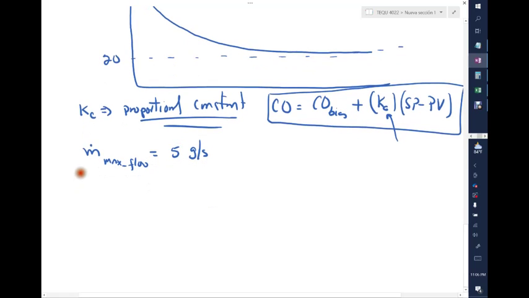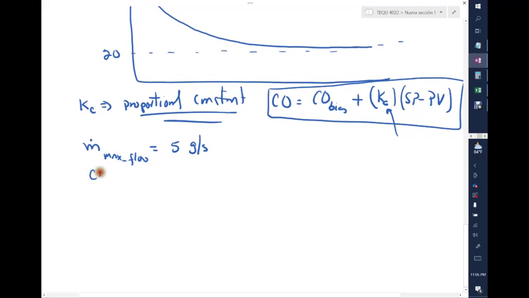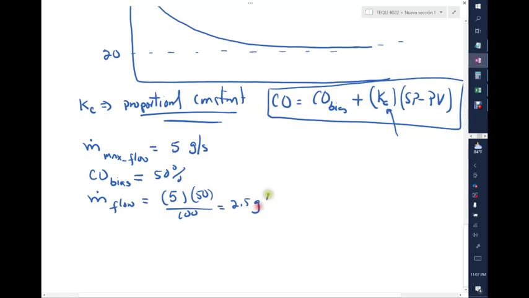Now, I'm going to set the bias, so I'm going to establish a value for this manual run at 50%. Means that the actual M dot, which is mass flow, the actual flow will be about 5 grams maximum times 50% divided by 100, and that will give us 2.5 grams per second.